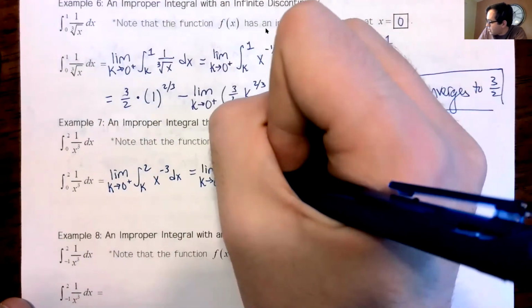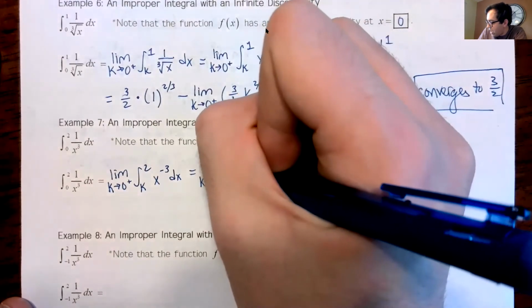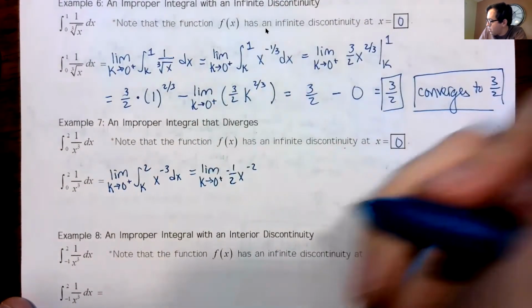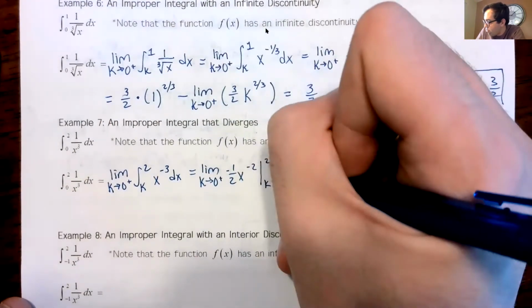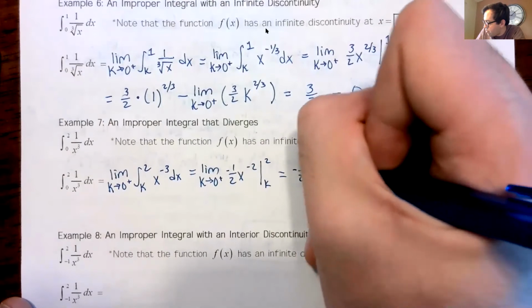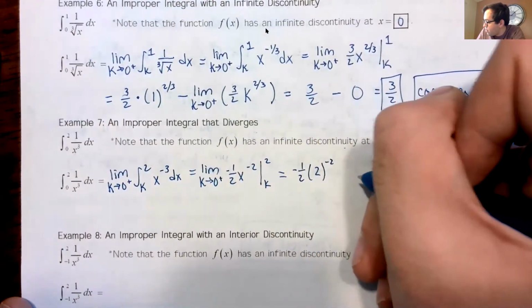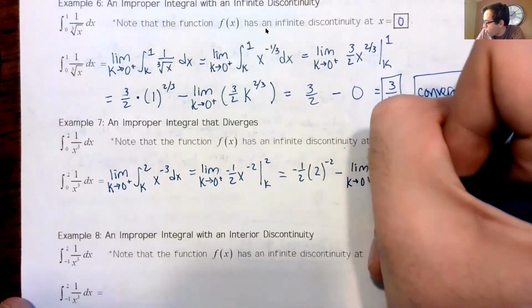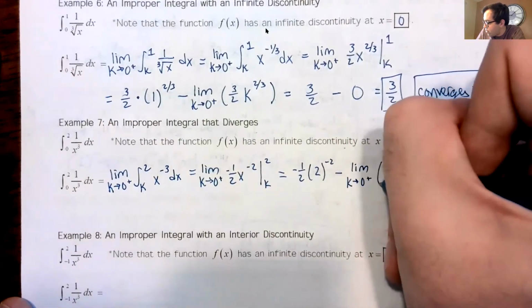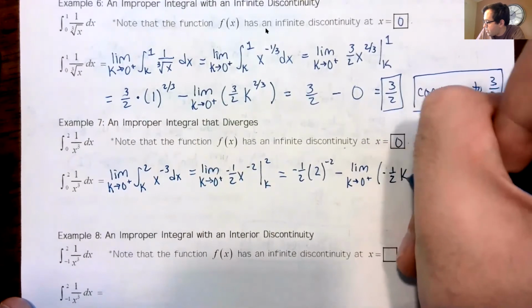This becomes x to the negative 2 times negative 1/2. And that has to be evaluated from k to 2. So the first one's going to be negative 1/2 times 2 to the negative 2 minus the limit as k approaches 0 from the right of -1/2 k to the -2.